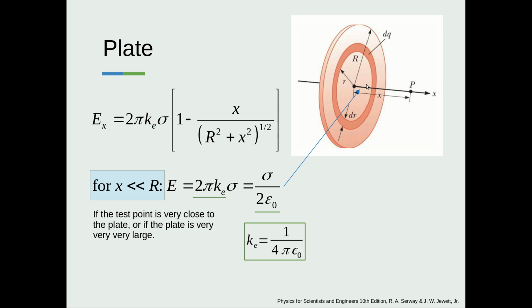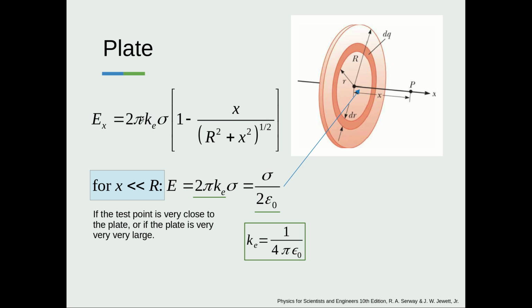Relatively, you can say that your plate is very big compared to the distance between you and your plate. So if x is much smaller than R, this is negligible, and this is very big. This is small, this is big, so this one is going to be very close to 0.